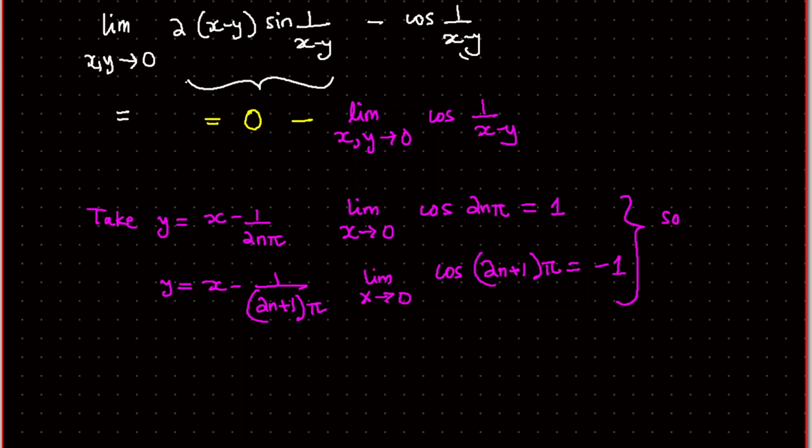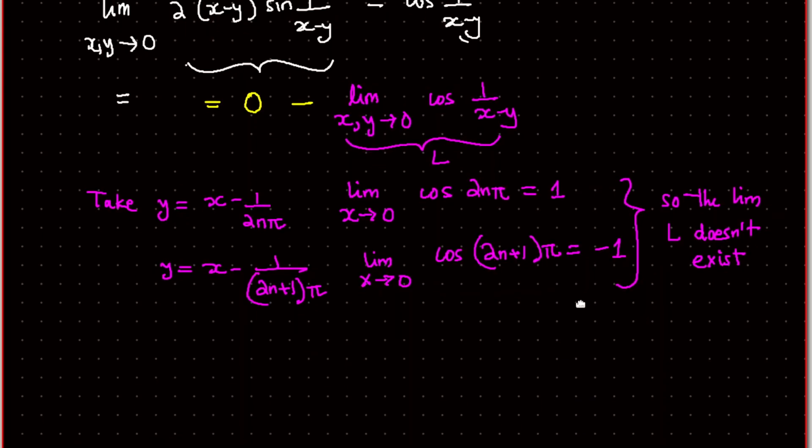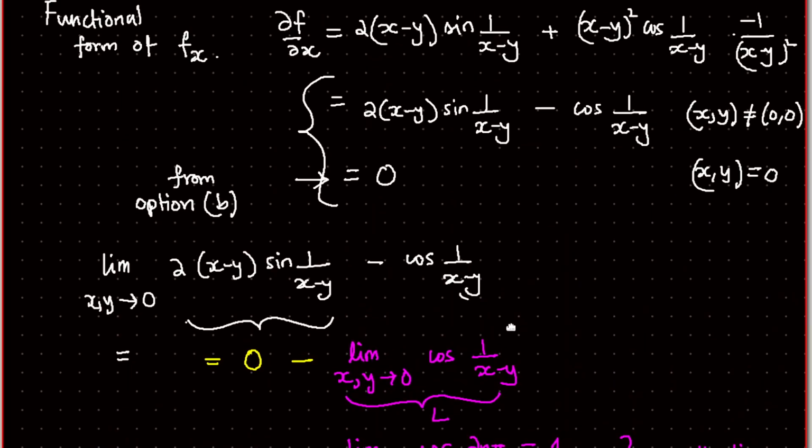So the limit does not exist. If I call this limit L, then the limit L does not exist. So what do we have ultimately?